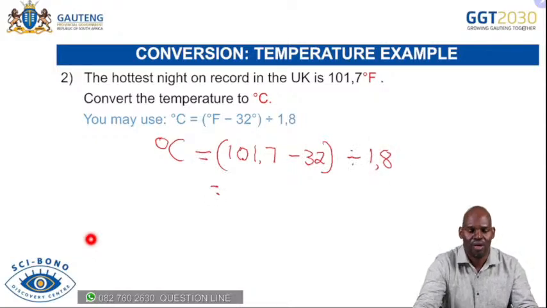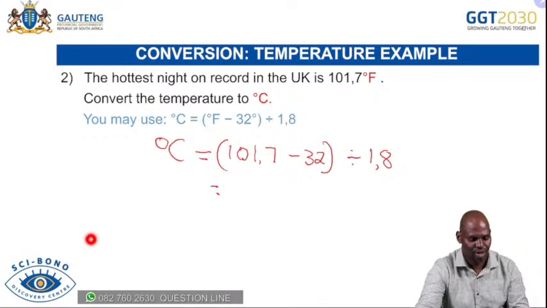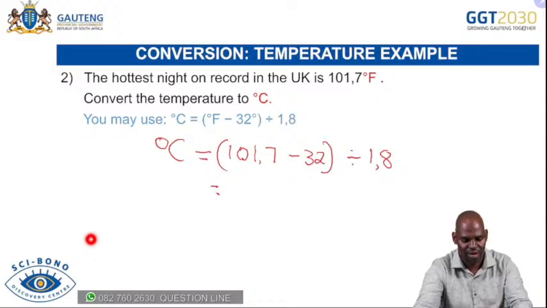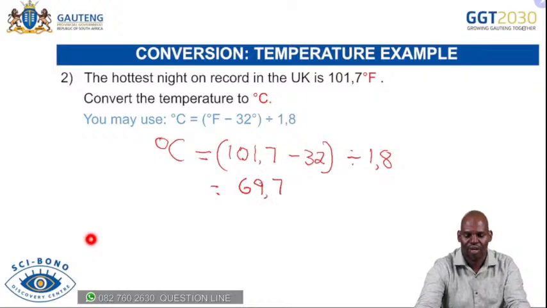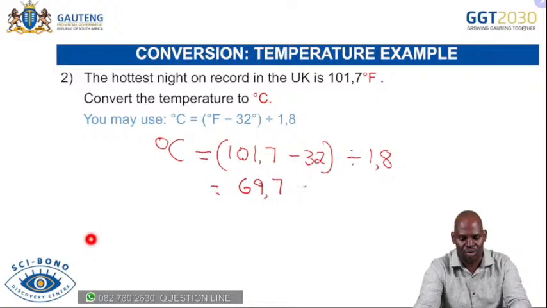Again, according to BODMAS, everything in brackets first. So 101.7 minus 32 is 69.7. The brackets are gone now because we have simplified, then we still divide by 1.8.